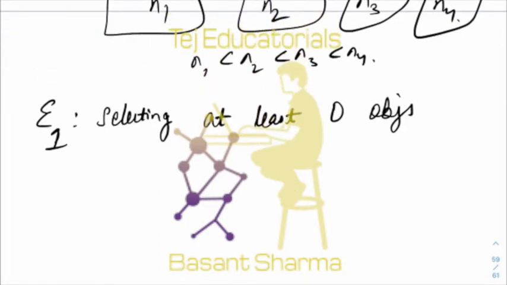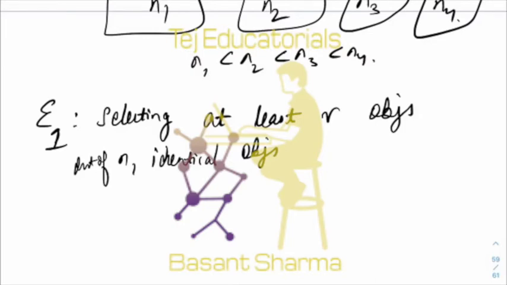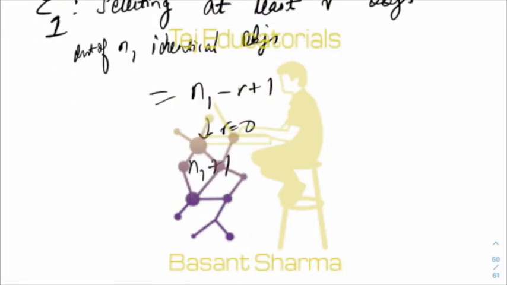Now suppose event E1 is selecting at least 0 objects from n1 identical objects. We have seen above that the number of ways of selecting at least r objects out of n1 identical objects is n1 minus r plus 1, and if I put r equal to 0, then this will give me n1 plus 1, which is the number of ways of selecting at least 0 objects out of n1 identical objects.